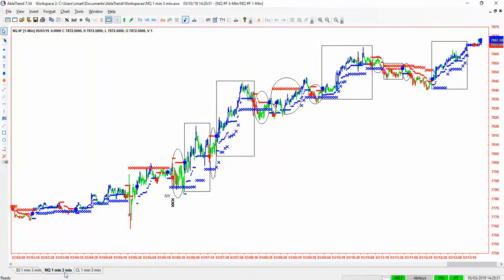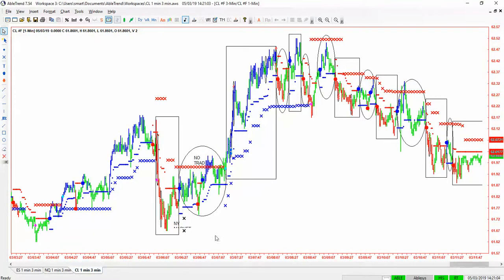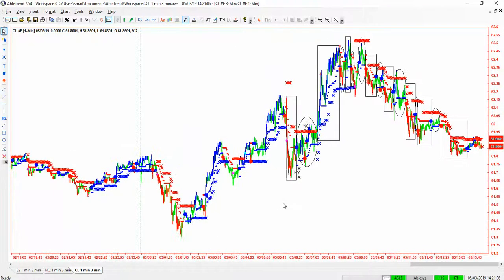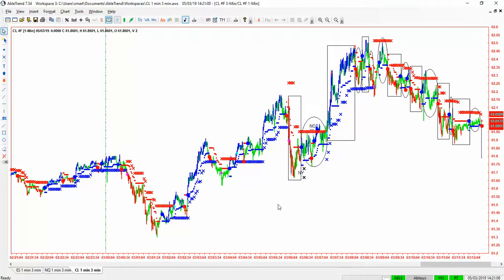Okay, NQ, same thing with the NQ. You got a long positive trend here. See that? That's the overall trend direction, long term. This one here, crude oil, it's up and down.